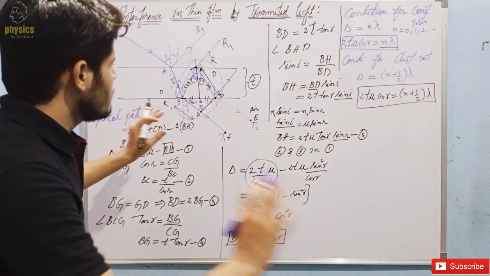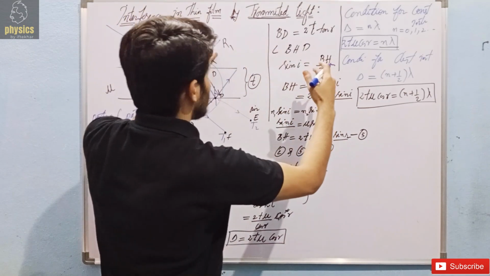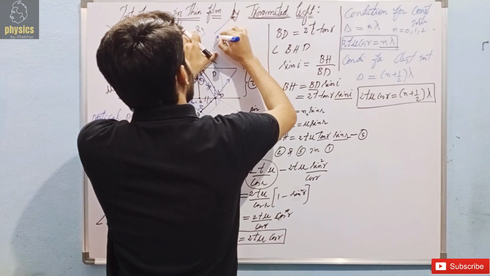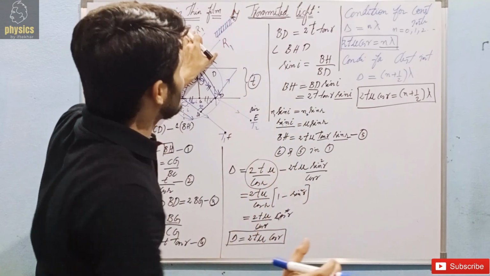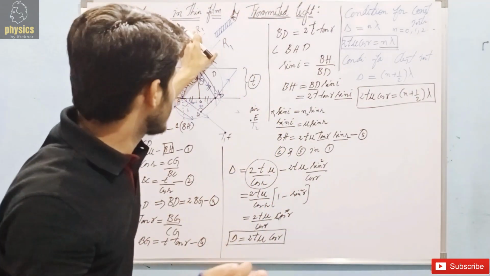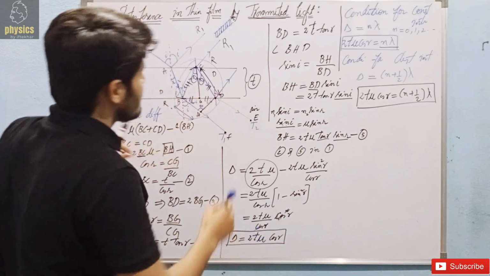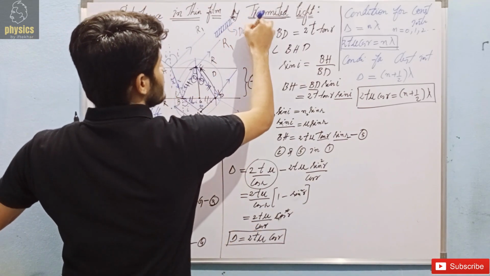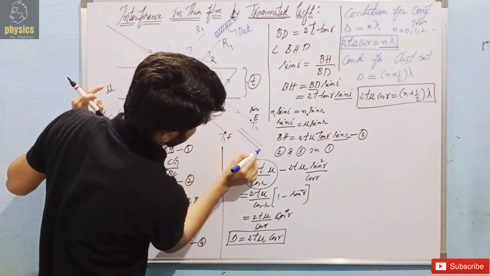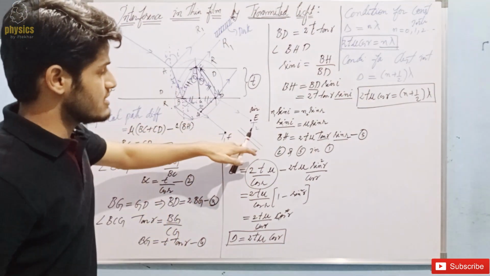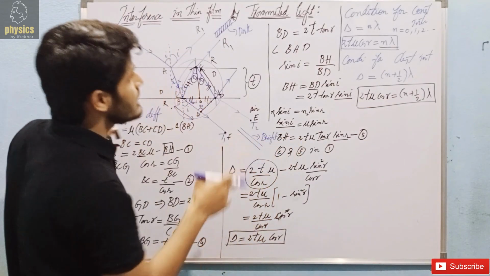Suppose for a particular path difference you are getting destructive interference in the transmitted light rays, so at that particular path difference, you are getting a dark fringe here; then due to the reflected rays, you will be getting a bright fringe for that particular path difference.